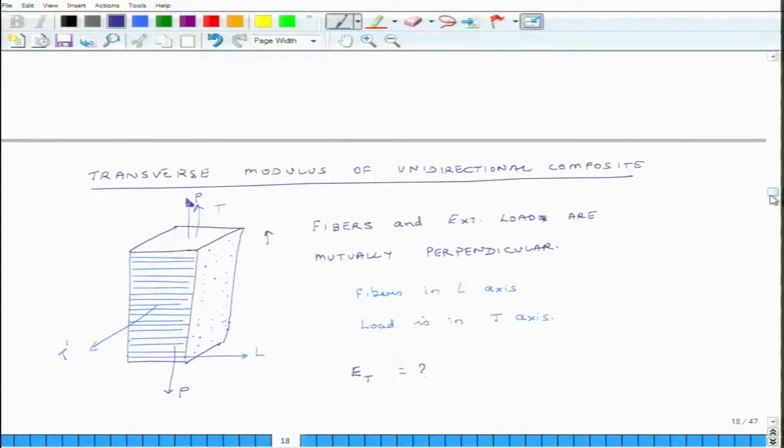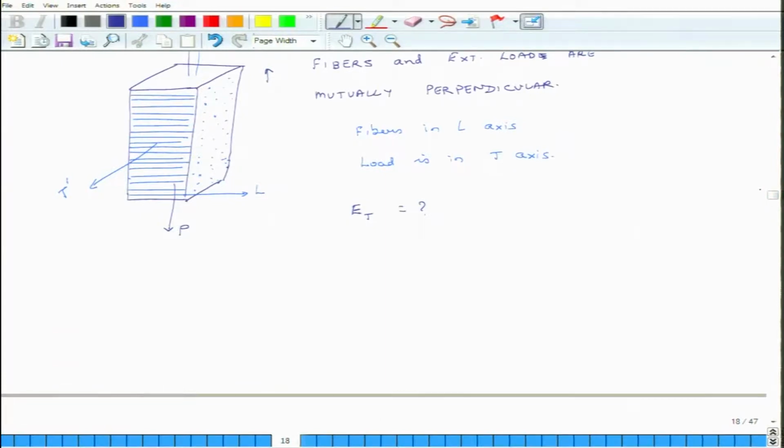However, as a first very crude approximation, we can say that the stress in the matrix is the same as the stress in the fiber, which is the same as the stress in the composite.